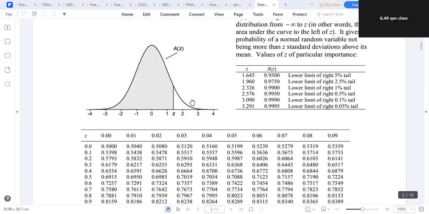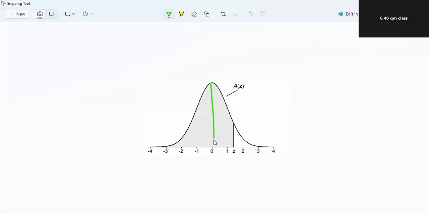It is symmetrical, which means that the left-hand side is the same as the right-hand side. So the characteristics: it is bell-shaped, the mean is usually at the middle, and the standard deviation is the spread.